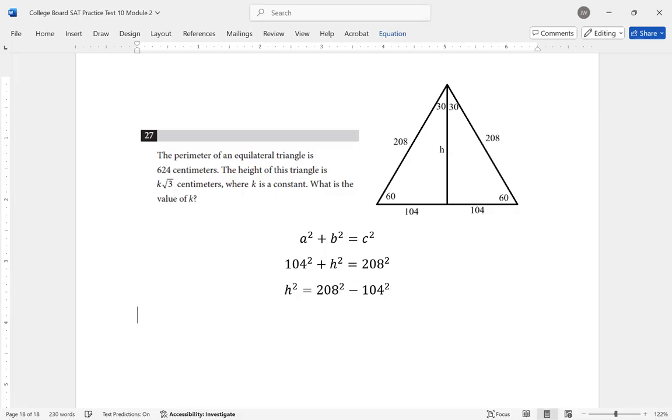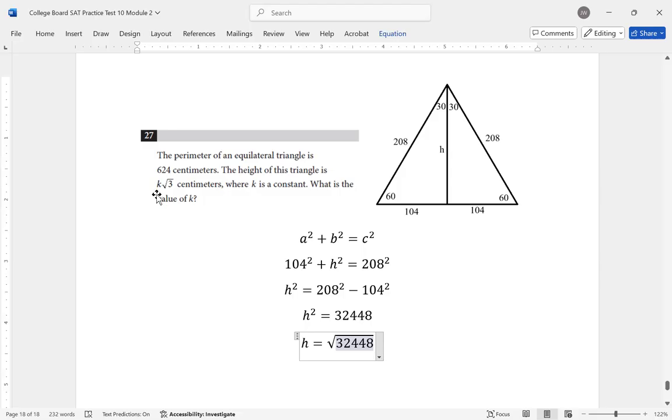By the way, just make sure you square things before you subtract. What we end up with is an h squared of 32,448. So h is going to be the positive square root of 32,448.